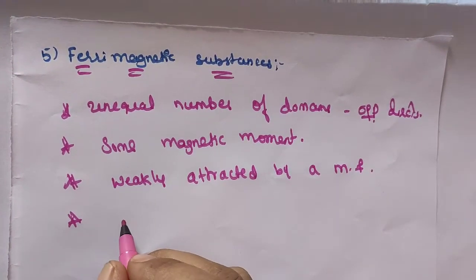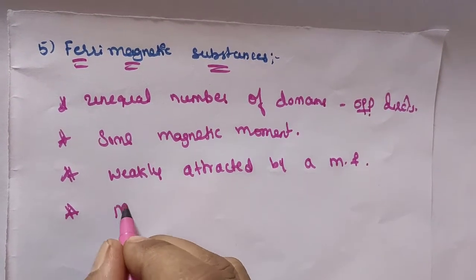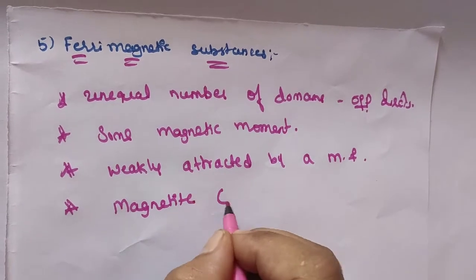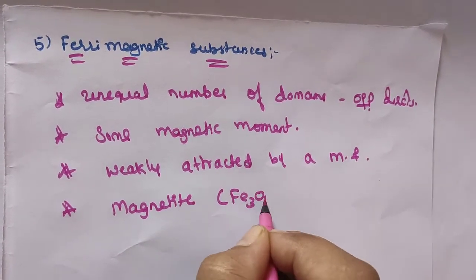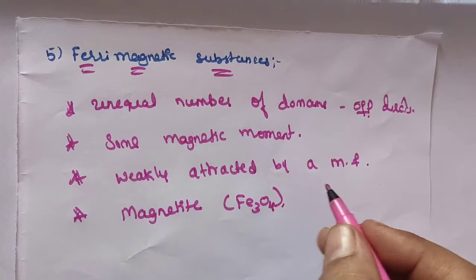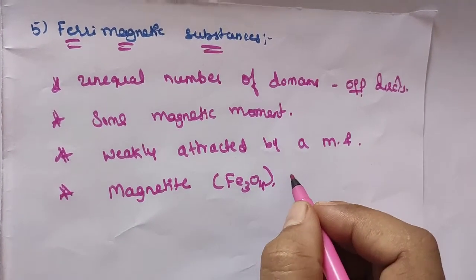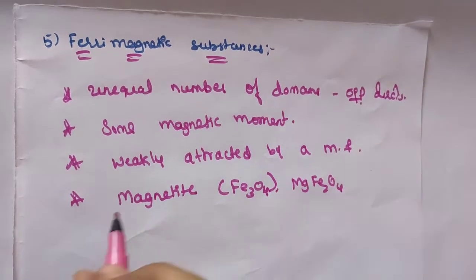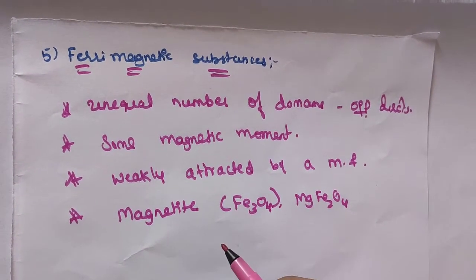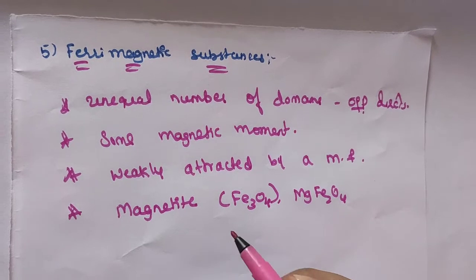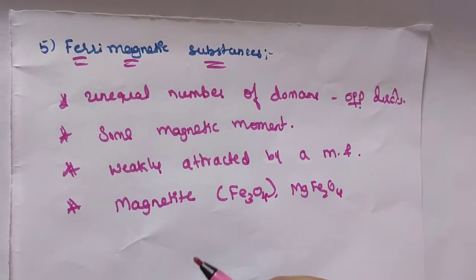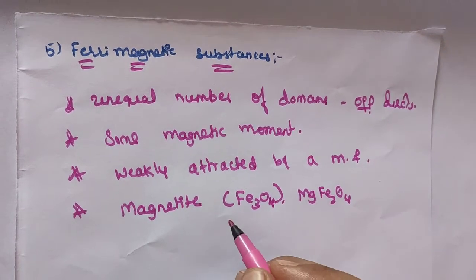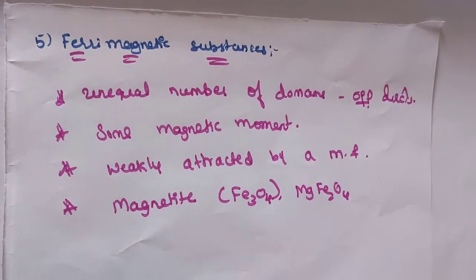So, for examples, magnetite, that is Fe3O4, and ferrites like MgFe2O4, etc. Above a particular temperature, these substances become paramagnetic. Above 850 K, magnetite becomes paramagnetic.